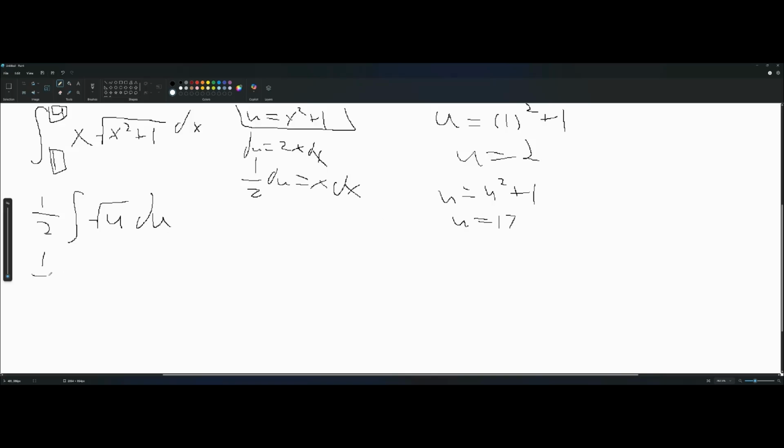So when we take the integral, we get that this is equal to 2 over 3 times u to the 3 halves, evaluated at 2 and 17. I'm honestly not going to evaluate it. If you really want to, you could evaluate it. But essentially, this is the basics of how to evaluate something like this.